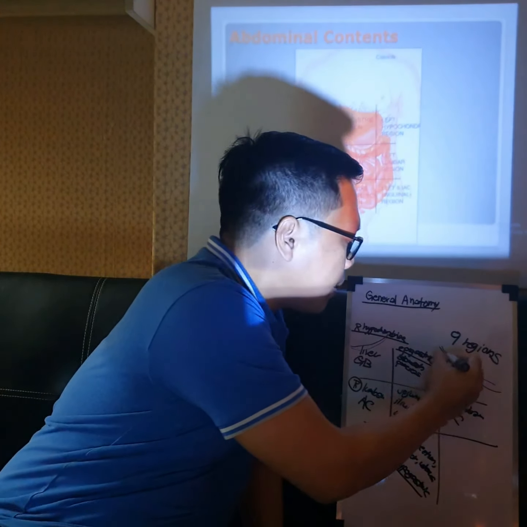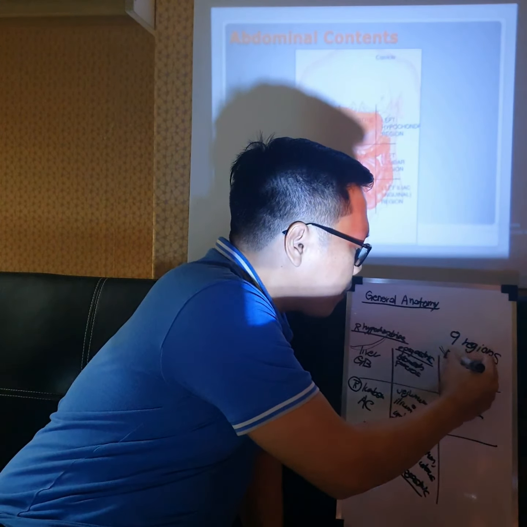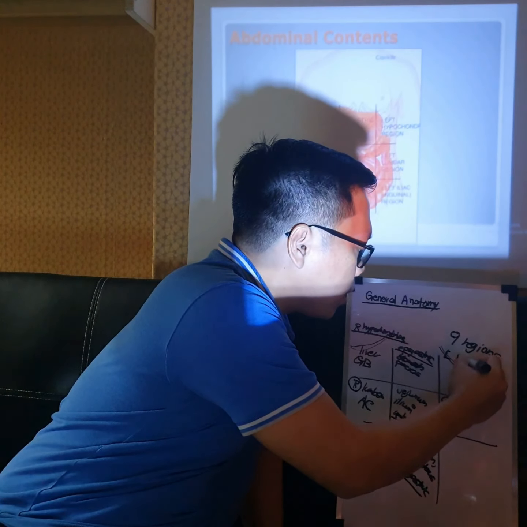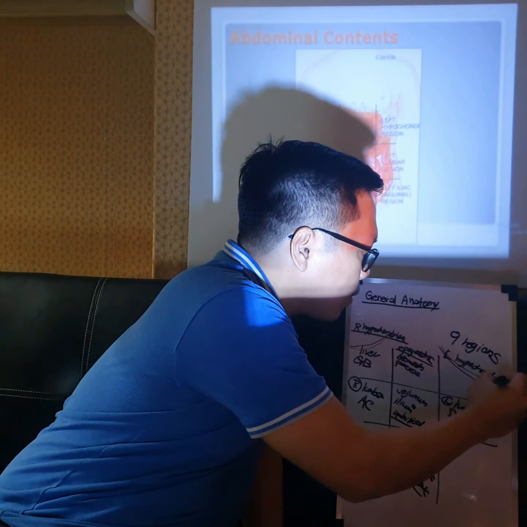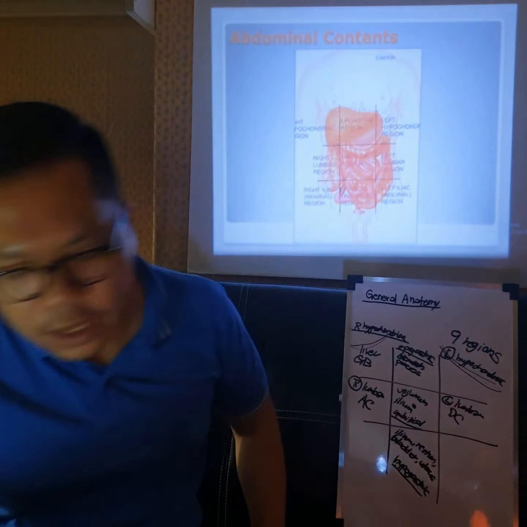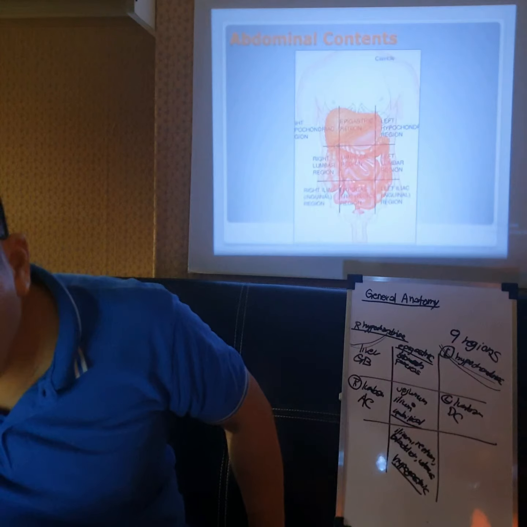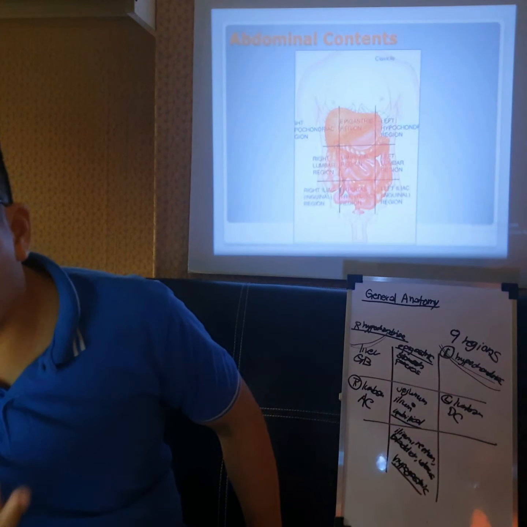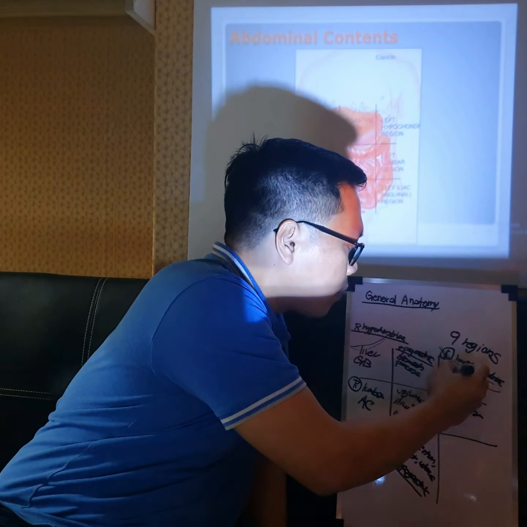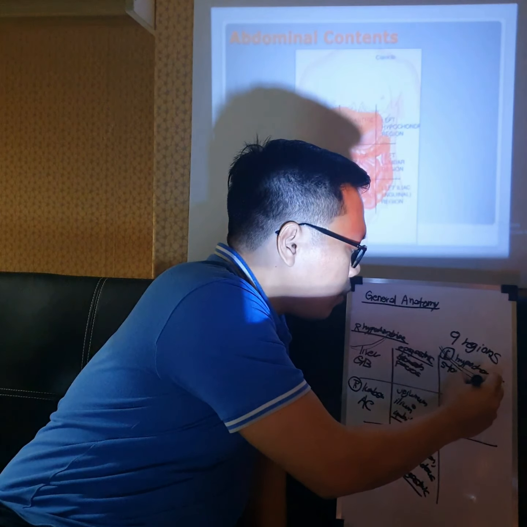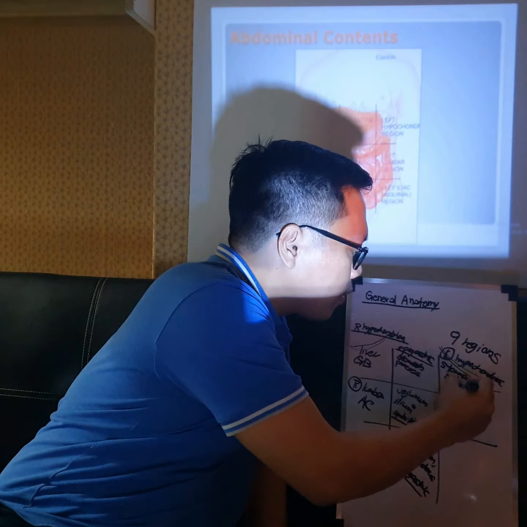Dito naman is the left hypochondriac. Itong left hypochondriac naman, what do we see there? We see most of the stomach and also the spleen. Stomach and also the spleen.